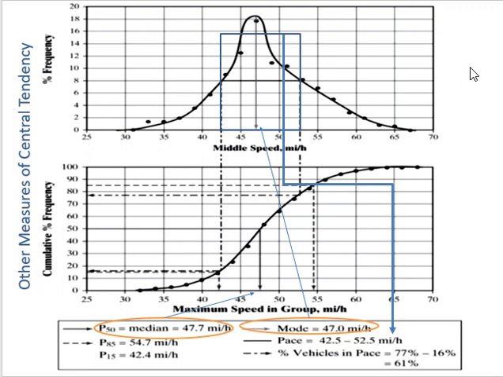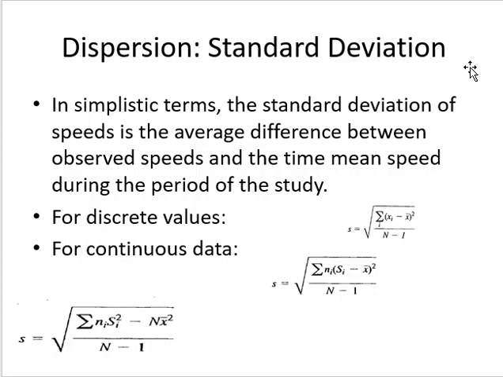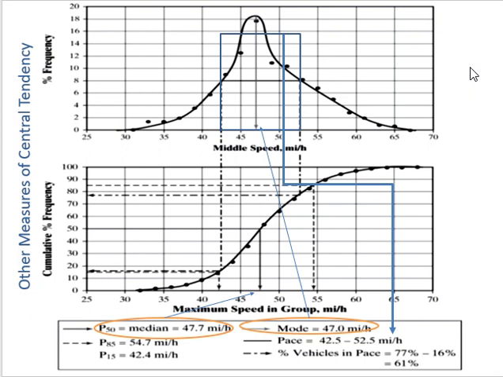Other measures of central tendency include, the first one is, where should I start with? Median. Okay, fine. We start with median. So median was the middle value, right? Middle means it covers how much data? What percentage of data is covered? 50%.